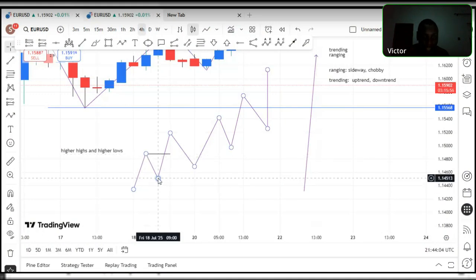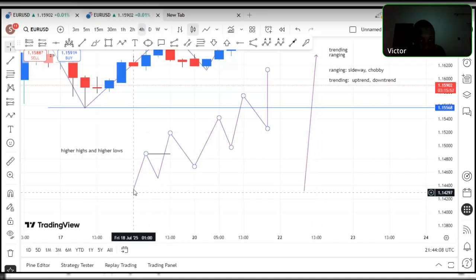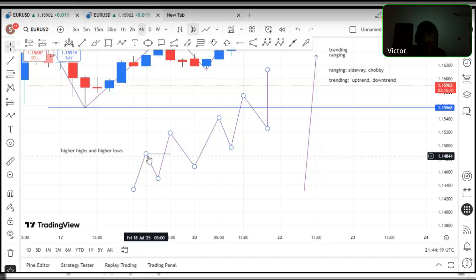Why is this point called higher low? Because it is higher than this low. So the low just means the down, the high just means the up. So from this particular point to this point, this is an impulsive move, and this is low, this is high.